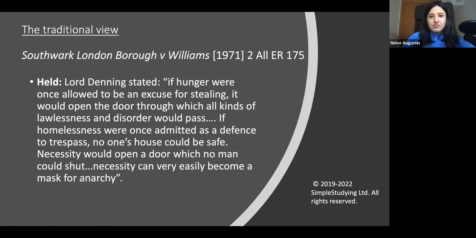Or somebody who is hungry could say that it was necessary for them to steal food, and it could open doors to stealing as well. So that is why the necessity defense is very limited in application, and it can only be established in very particular, exceptional facts of the case.